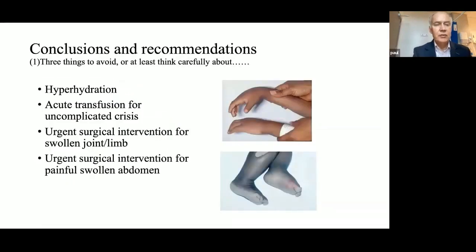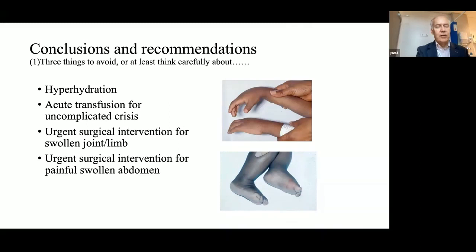So in conclusion, here are some general recommendations for managing acute complications of sickle cell. There are a few misconceptions that are quite often perpetrated by those who are not specialized in sickle cell management. There is a feeling that children and adults with sickle cell need to be hyperhydrated, and this in some way will reverse the sickling process.